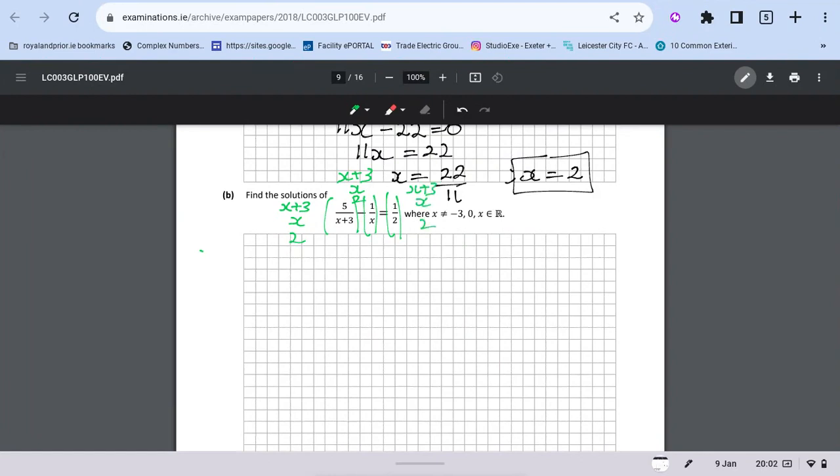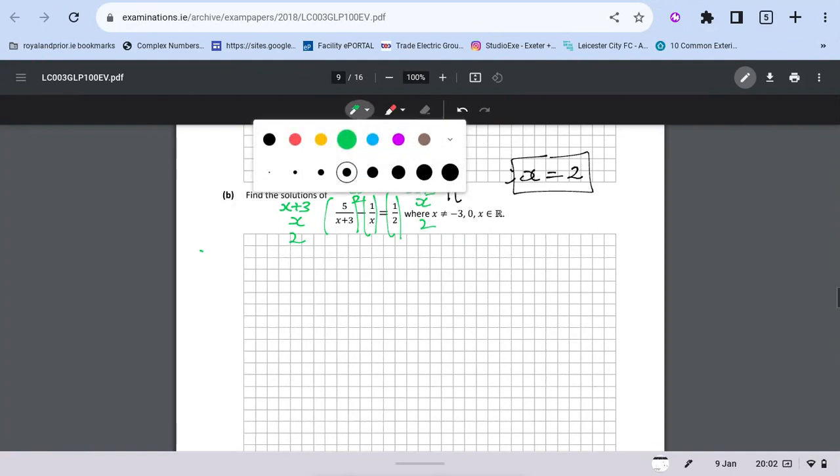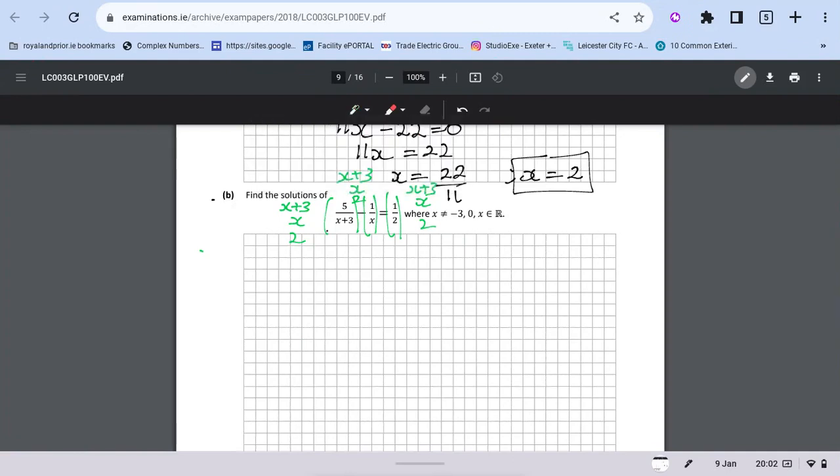And then cross off the common denominator. So your x plus 3 goes with your x plus 3. Your x goes with your x. And your 2 goes with your 2. You're flying from there.